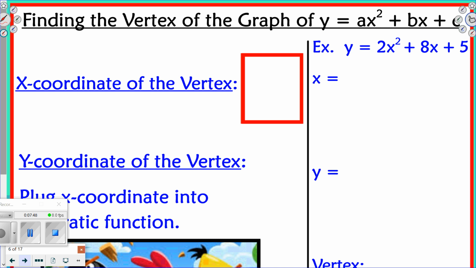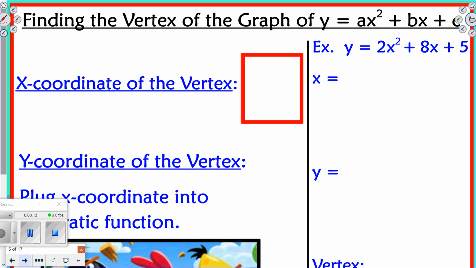I used to love doing those in art class when I was little, right? Because this side looks just like this side, except it was the mirror image. It was reflected over it. So that's called symmetry, right? This side is the same as this side. It's reflected over that. So the same thing's going to happen here. If I know where the vertex is, it's almost like that fold line in my paint project.